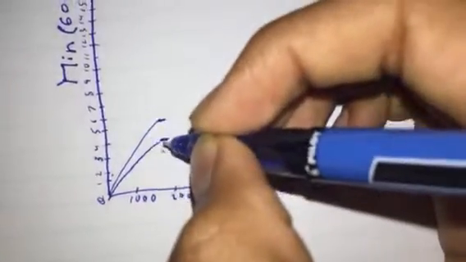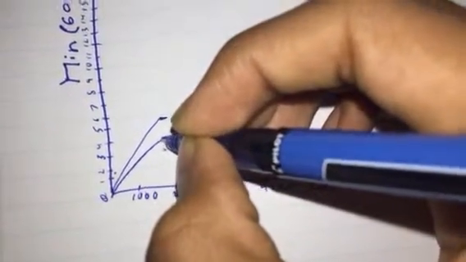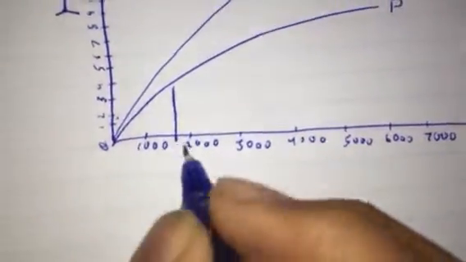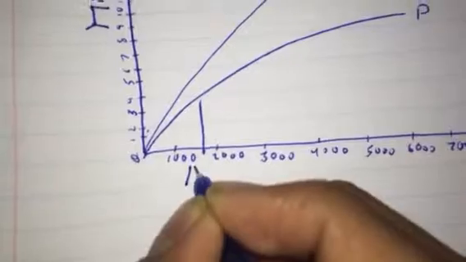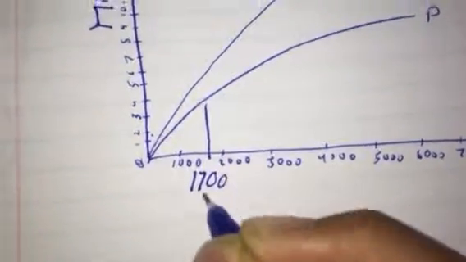Okay, so we see right over here. That right over here is our distance from the epicenter. So that's right about 1700 miles, just about.